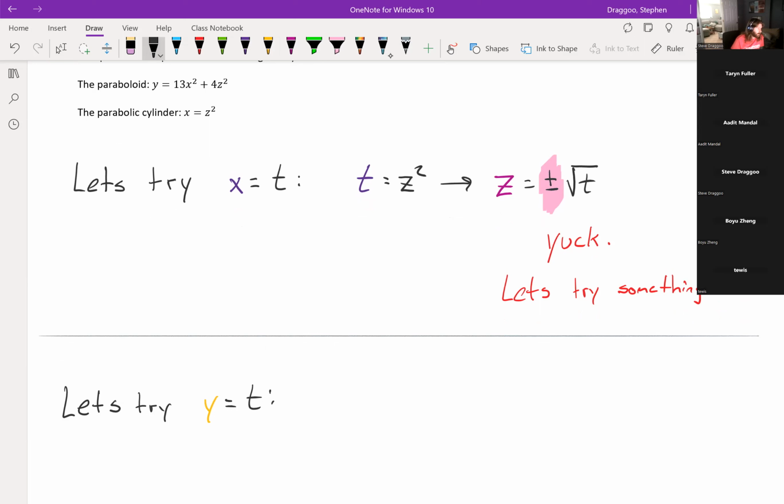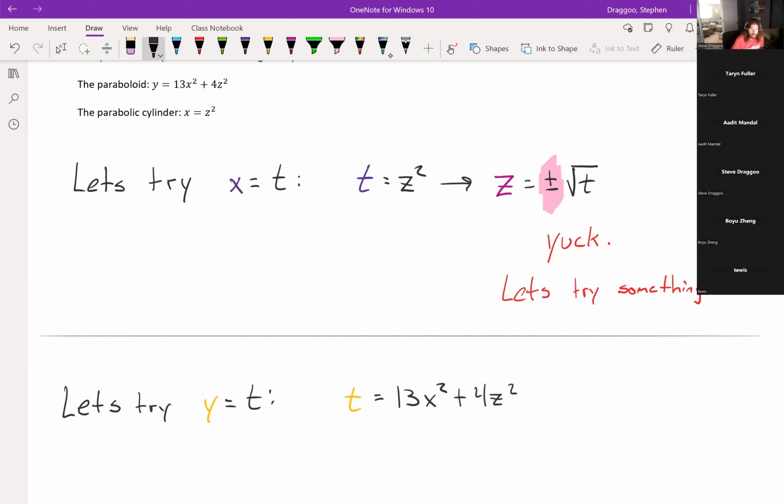And we've only got one spot where we're going to do that. So the first equation, we get t equals 13x squared plus 4z squared.